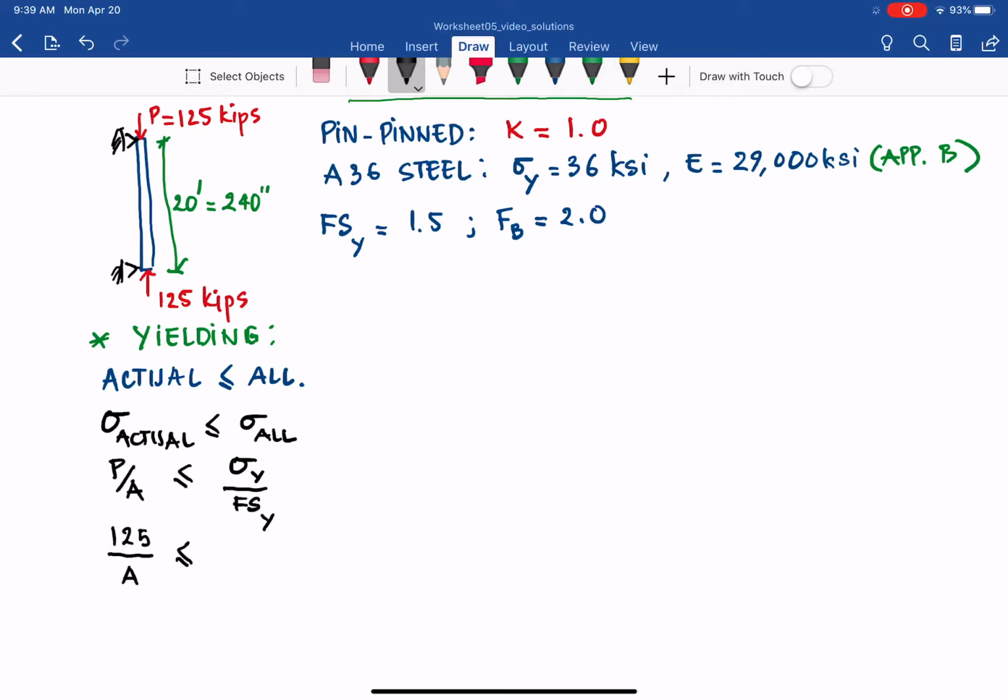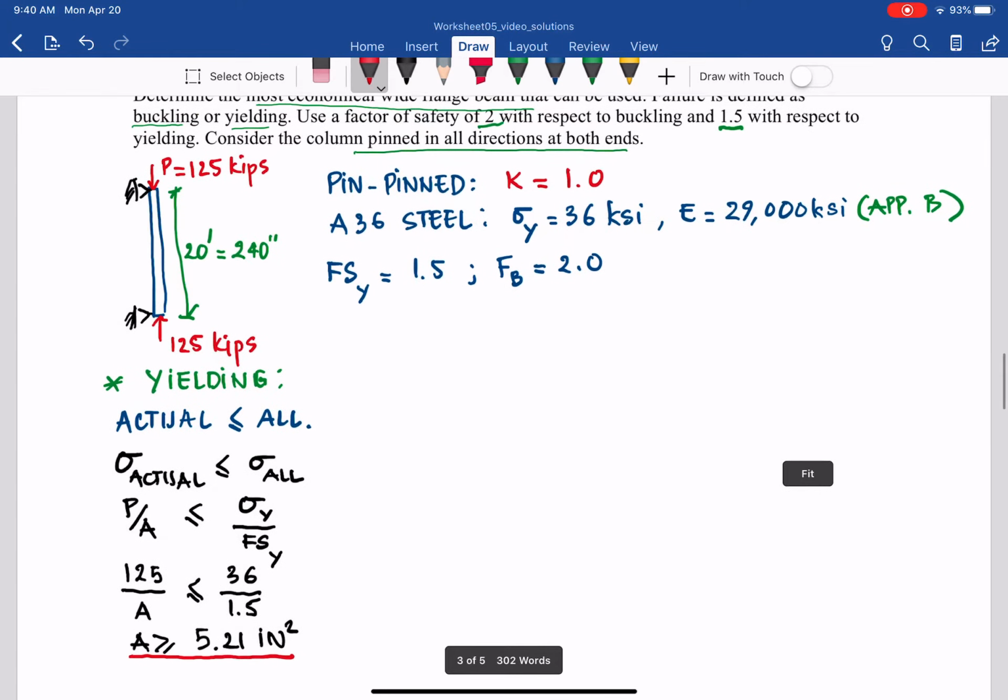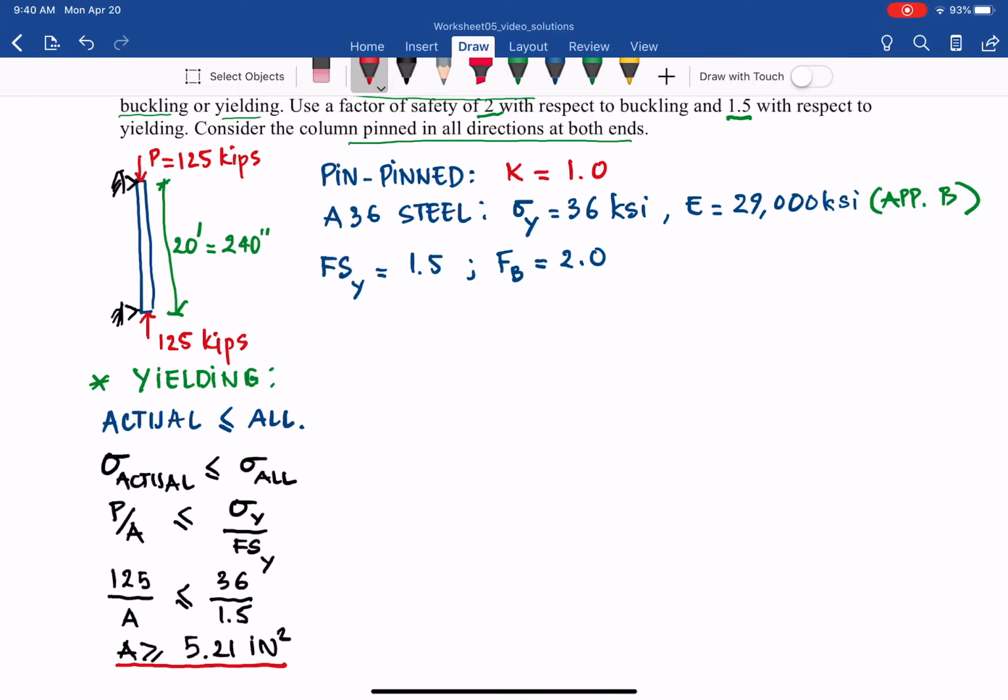We want to determine the cross-sectional area. In this case, 36 KSI divided by yielding factor of safety 1.5. From that, A has to be greater than or equal to 5.21 inch square. So for yielding, we need to have a cross-sectional area of this wide flange shape at least 5.21 inch square. That is for yielding or crushing.